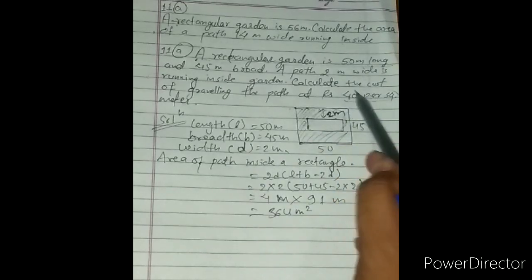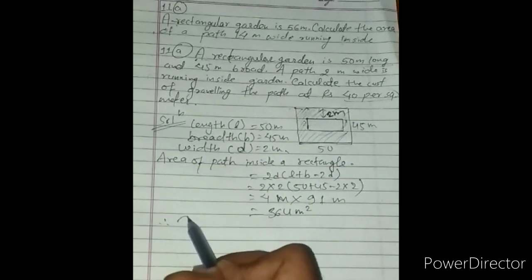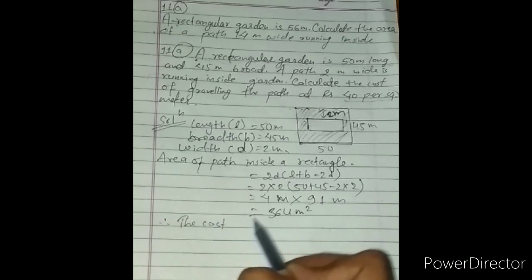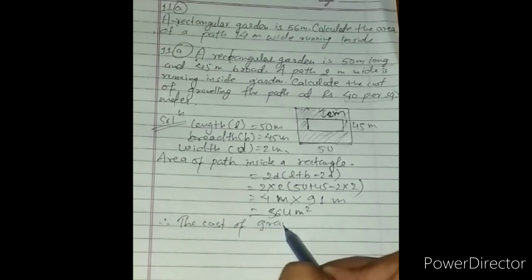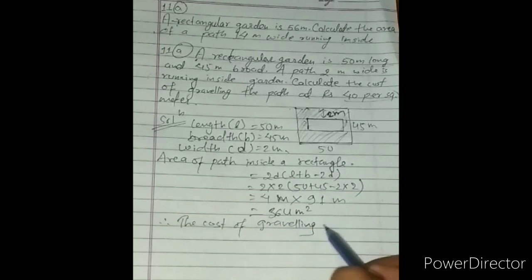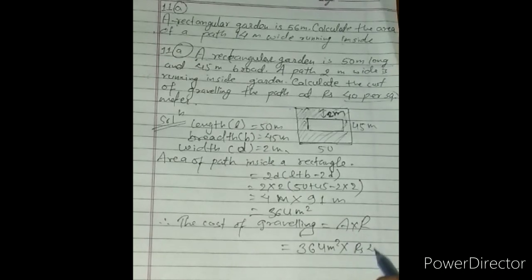But you have to calculate the cost of graveling. Therefore the cost of graveling is area into rate. Always, to find the cost we find area and then multiply by rate. Area we have got 364 meter square and rate is rupees 40 per meter square.